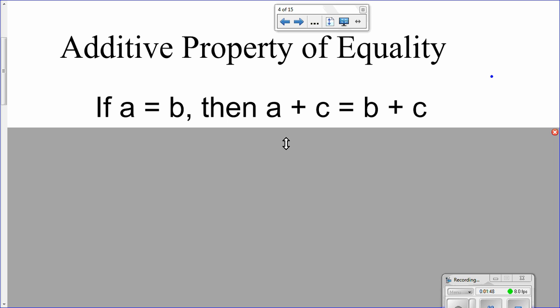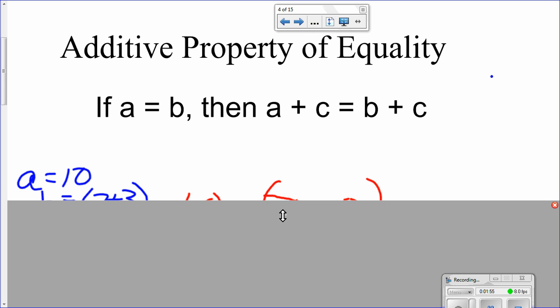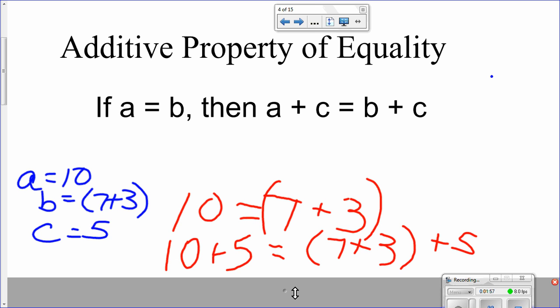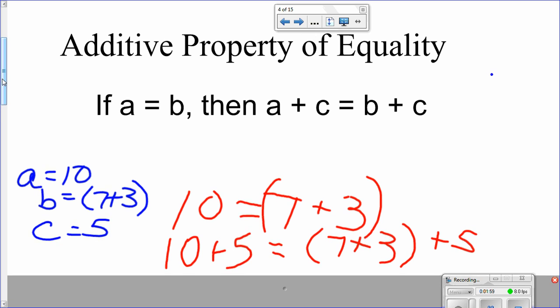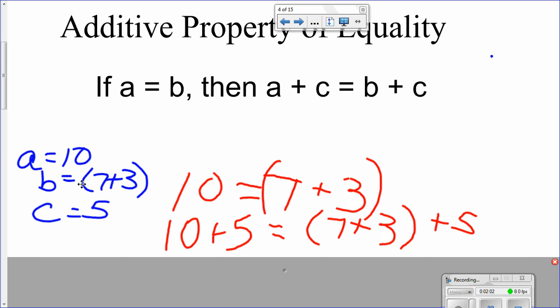And that says if A equals B, then A plus C equals B plus C. So in other words, and we'll do it with numbers, sorry for the writing, if we let A equal 10 and B equal 7 plus 3, which we know is another way we can say 10, and let C equal 5. Well, if we have 10 plus 5 on the left side, we then have to take 7 plus 3 and add 5 to it as well. So whatever we do to the left, we have to do to the right.